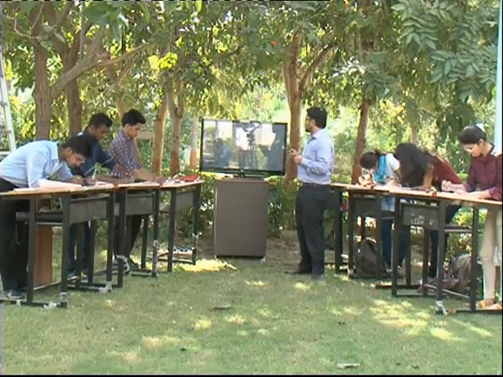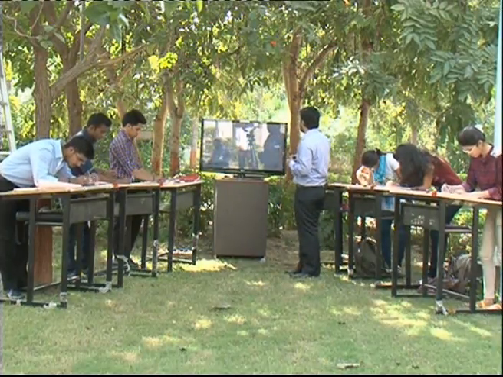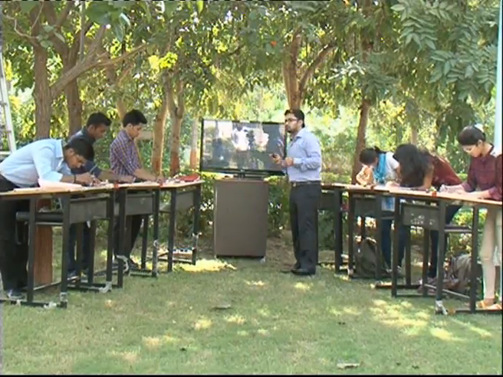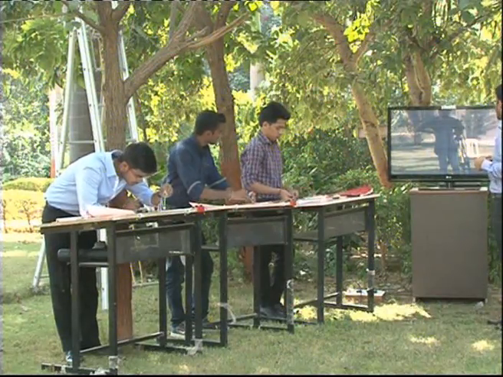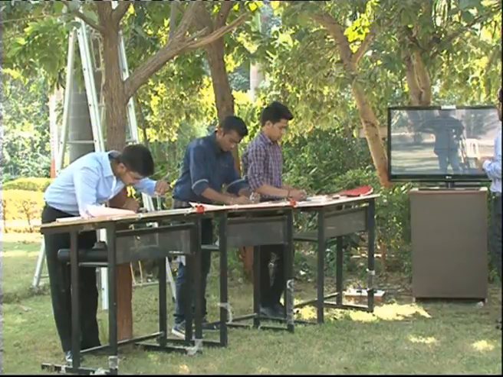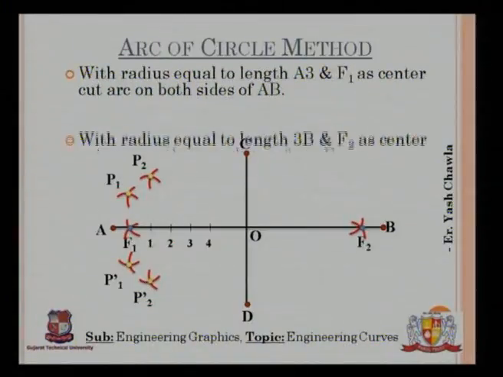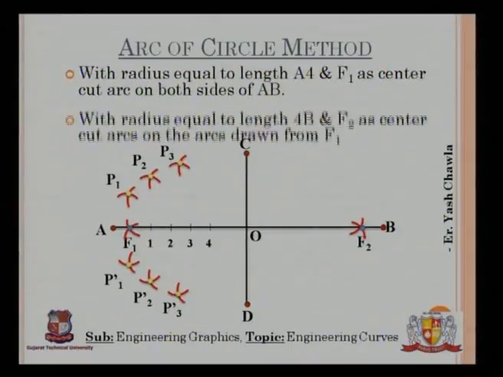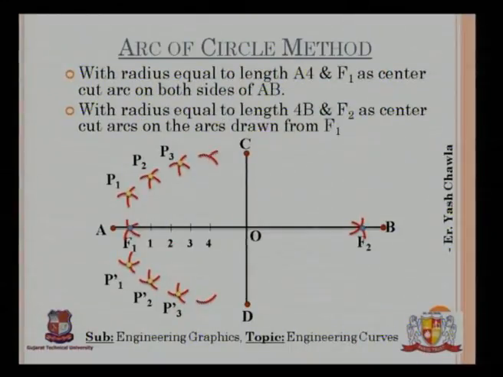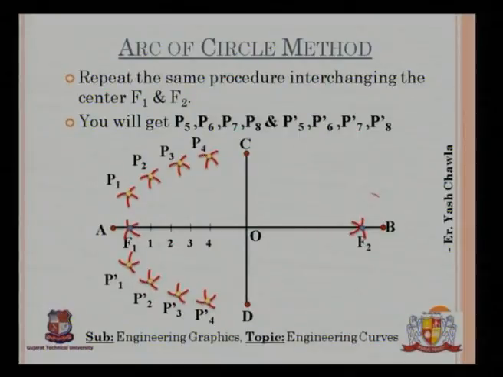Good. Now once we have done that, we can repeat it with A to 2, A to 3, A to 4, A to 5, similarly as it is being depicted on the screen. A3, A to 4, similarly from the other side.